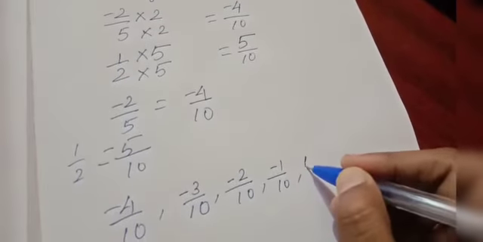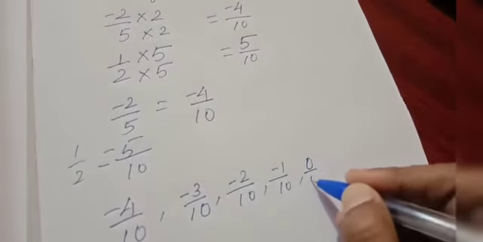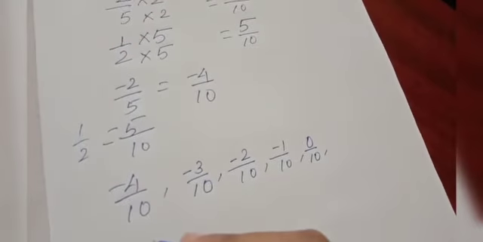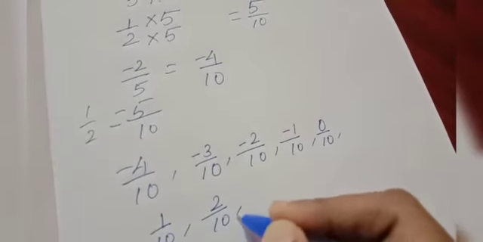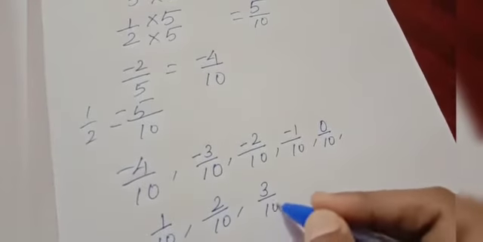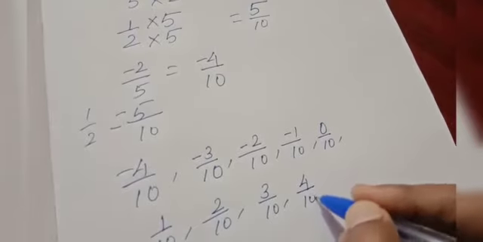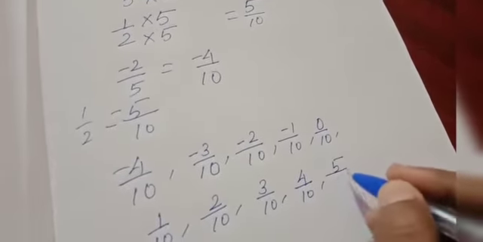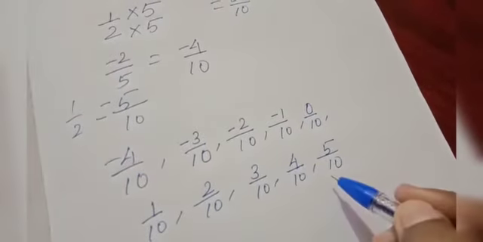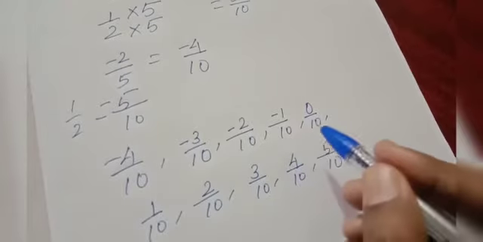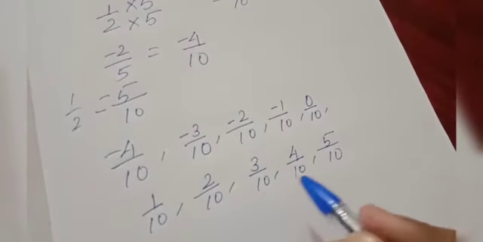Then 0 by 10. Then 1 by 10. 2 by 10, 3 by 10, 4 by 10 and 5 by 10. So in between minus 4 by 10 and 5 by 10, we have these required rational numbers: 1, 2, 3, 4, 5, 6, 7, 8.